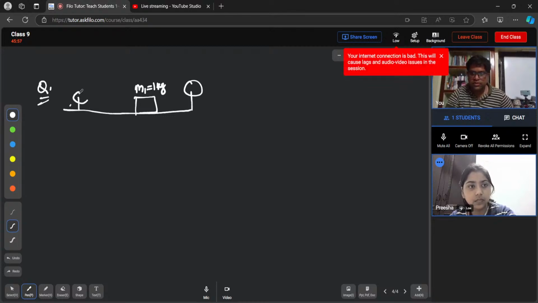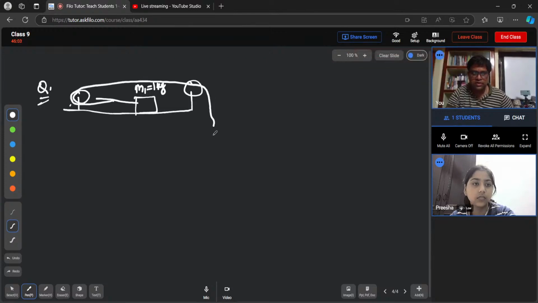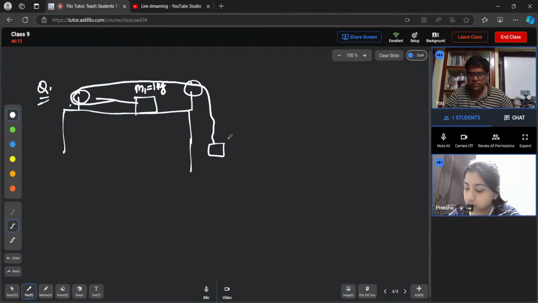Here is another pulley where the rope is like this and coming, and this is a table, let's say. So another object is hanging here, whose mass M2 is 1 kg.